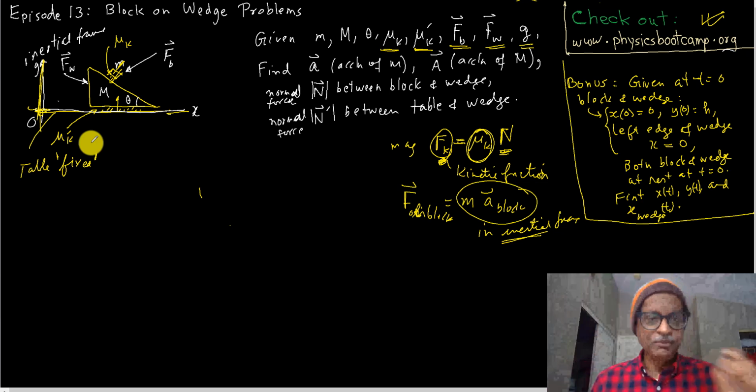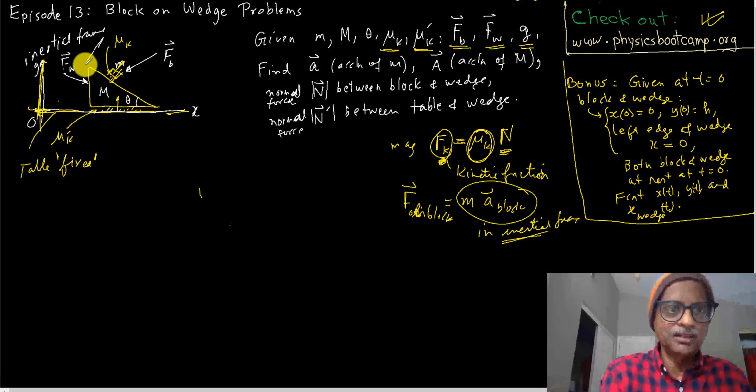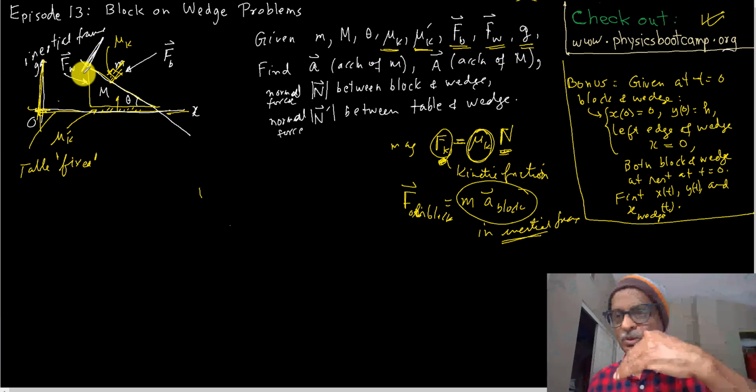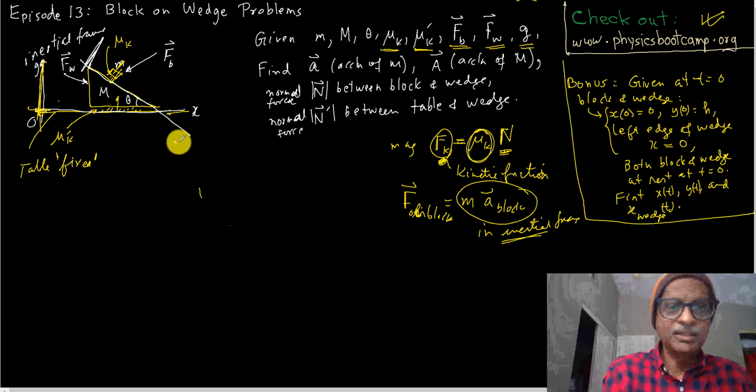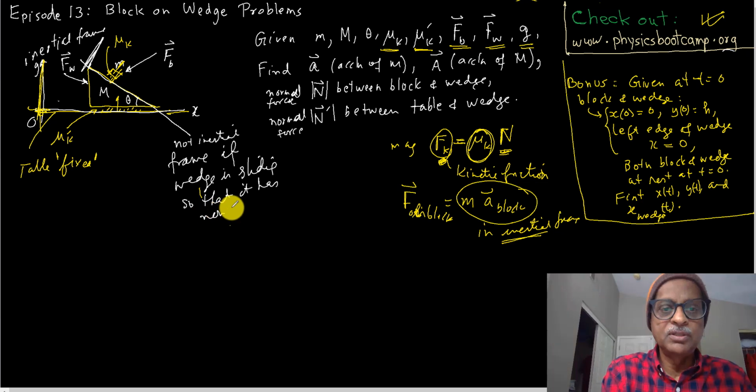Having said that, right away you can say that if the wedge is sliding, a frame that normally people use, a frame that goes down the wedge, will not be an inertial frame, since it has non-zero acceleration with respect to the inertial frame.